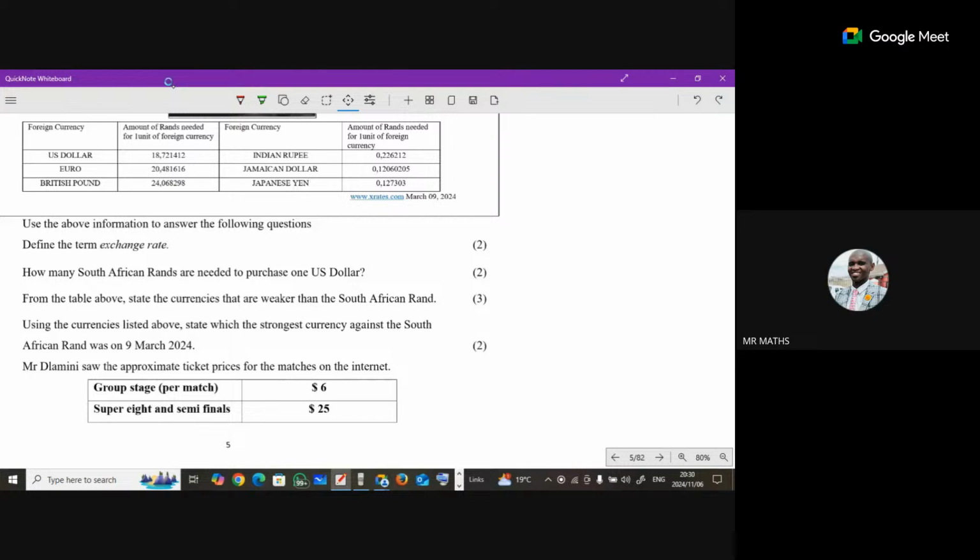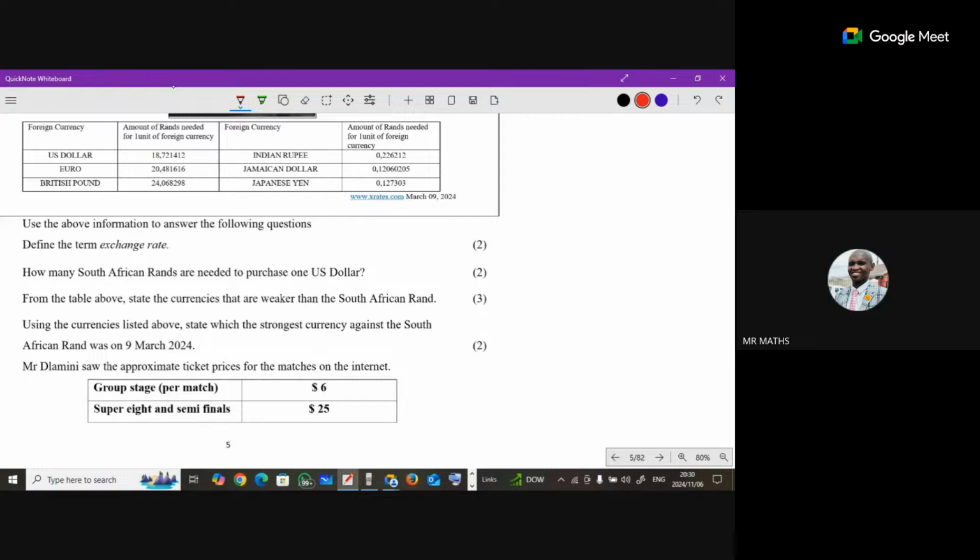Are we together? Euro is equivalent to 20.481616 rands. Then again, amount of rands needed for 1 unit of foreign currency, still the same. Foreign currency we have one Indian rupee, Jamaican dollar, Japanese yen.